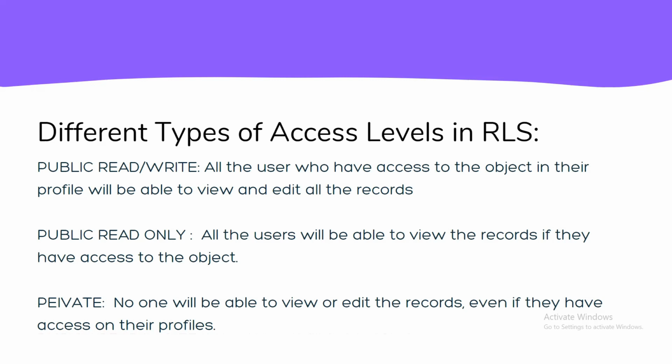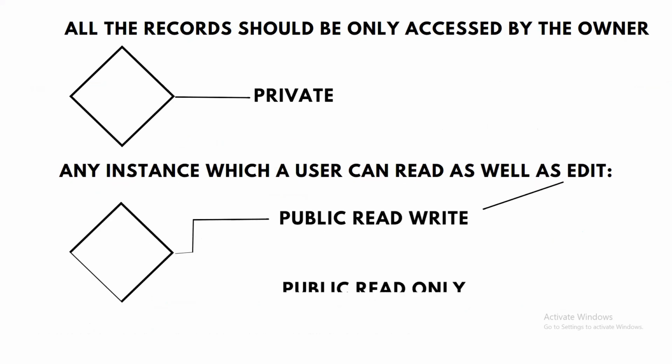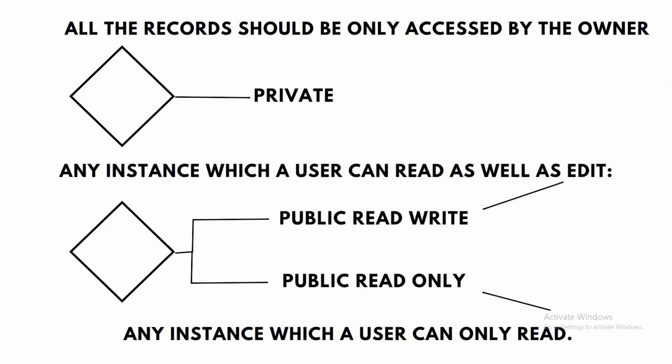In public read only, all the users will be able to view the records if they have access to the object. And in public read write, all the users who have access to the object in their profile will be able to view and edit the records. What do all these three mean? I hope you understood by the definition. If not, we'll proceed to see what it is with the help of an example.